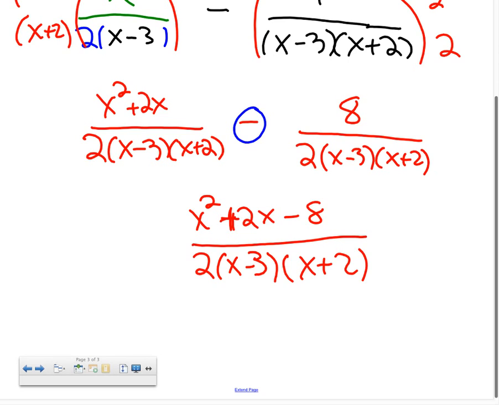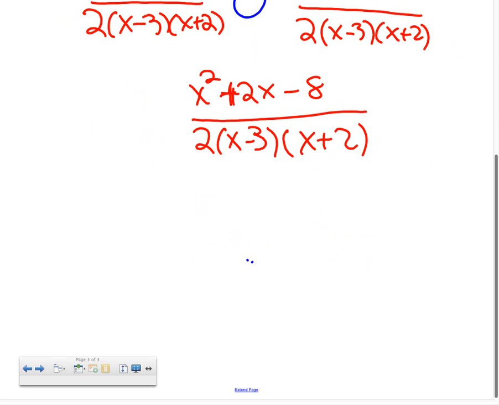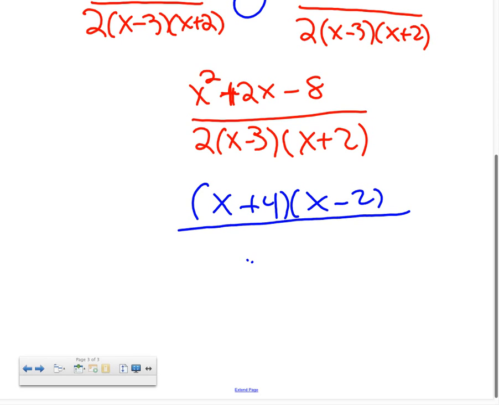Well, positive 2 and -4 would give me a -2. So if I do positive 4 and -2, that would factor. So let's go ahead and do that. I would take the top part and say x plus 4 times x minus 2.